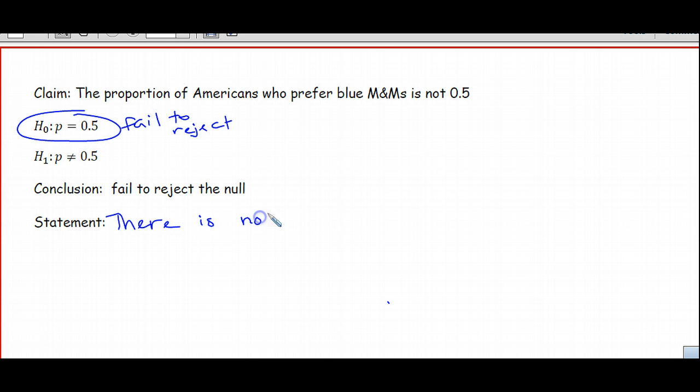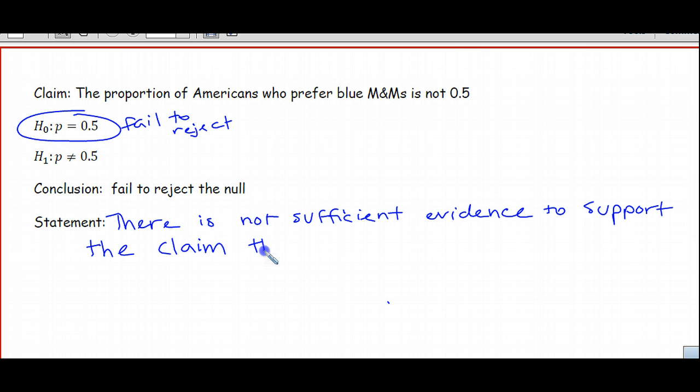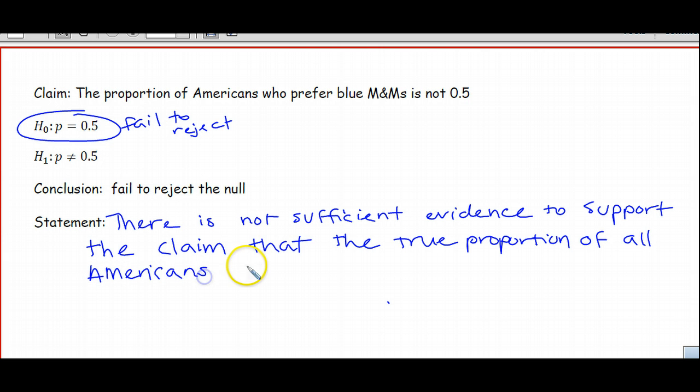There is not sufficient evidence to support the claim that the true proportion of all Americans who prefer blue M&Ms is not 0.5.